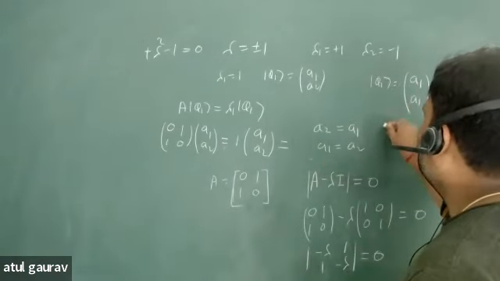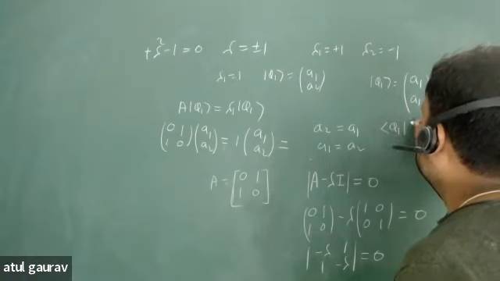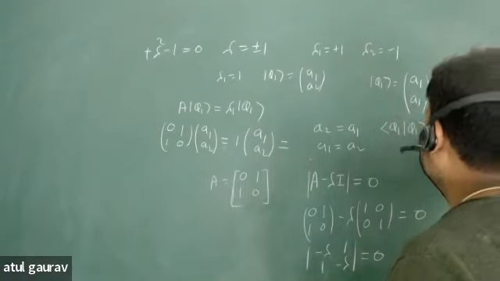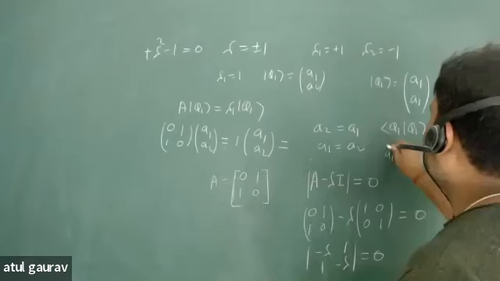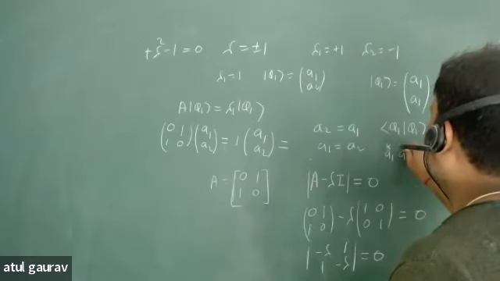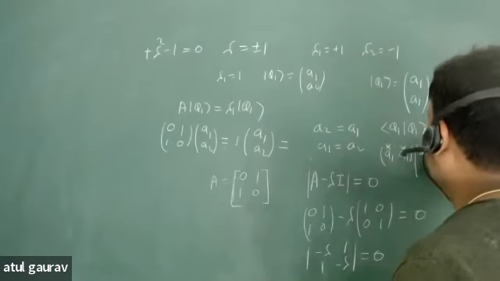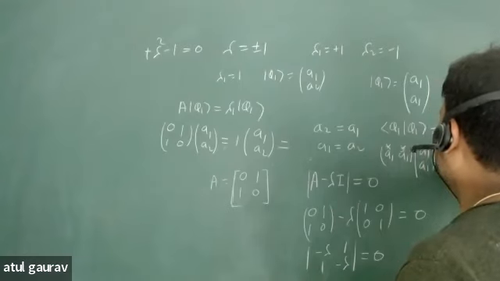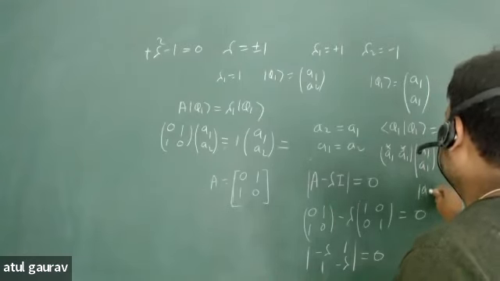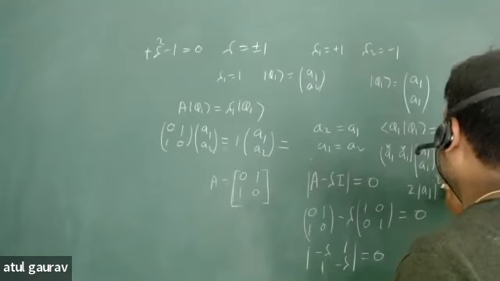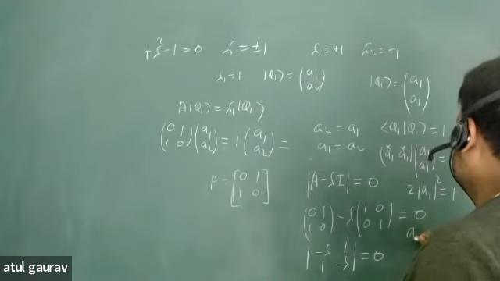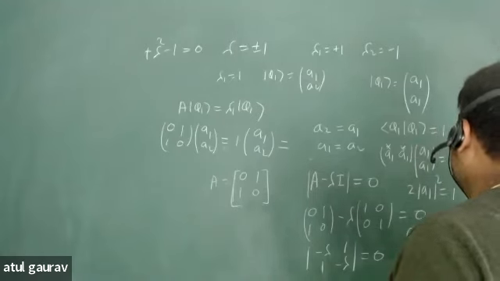So how will you normalize it? Phi 1 dagger phi 1 is equal to 1. So you have A1 star, A1 star, with A1, A1, is equal to 1. So that is 2 times mod A1 square is equal to 1. So A1 we will get as 1 by root 2.